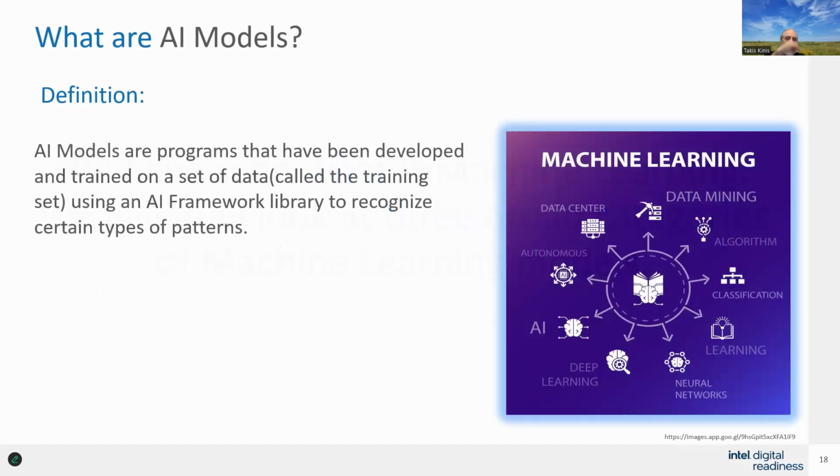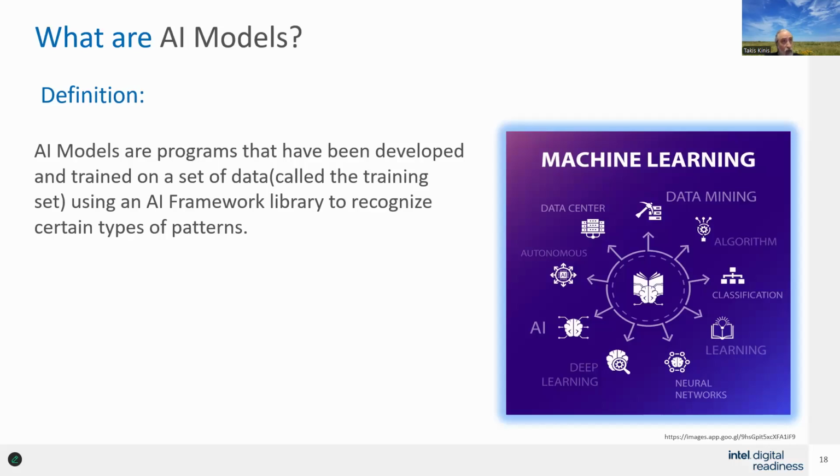All right. So now we'll look at the three broad categories here, and we'll start by defining AI models. Basically, they're programs that have been developed and trained on a particular set of data, right? We did a little bit of this in the last class. You might have a whole bunch of data, but you'd never use all of it to train your model.